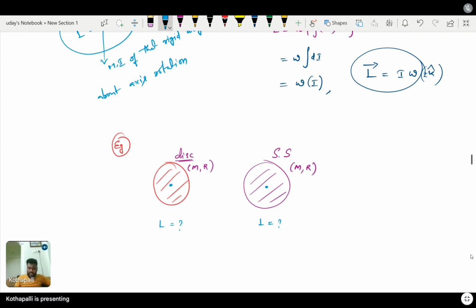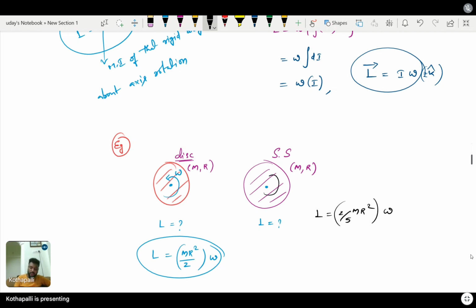What is the moment of inertia of a disk about its own axis? If it is rotating with angular velocity omega, it is 2 by 5 M r square into its angular velocity omega. Got it? So whenever rigid bodies are given in pure rotation, the angular momentum is simply considered to be I omega. L is equal to I omega.